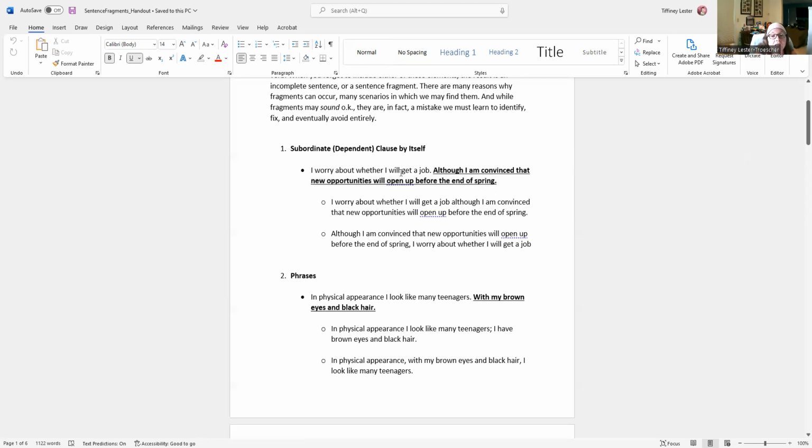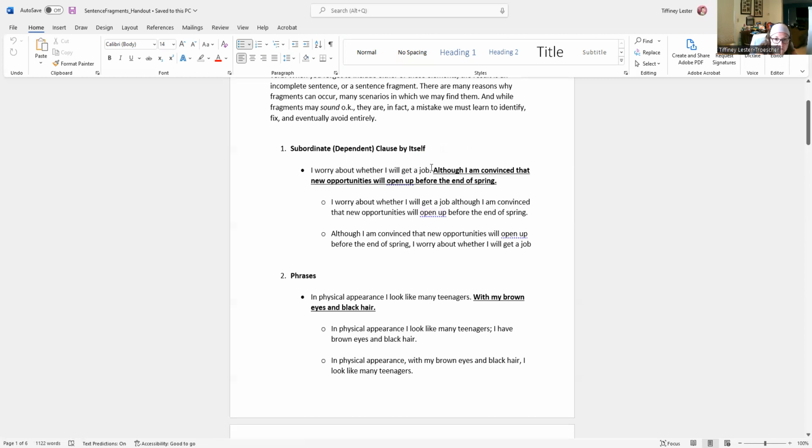Obviously, if this is the type of sentence fragment you're dealing with, the easiest way to fix it is to make sure that it is attached to an independent clause, right? I worry about whether I will get a job, although I am convinced that new opportunities will open up before the end of spring.